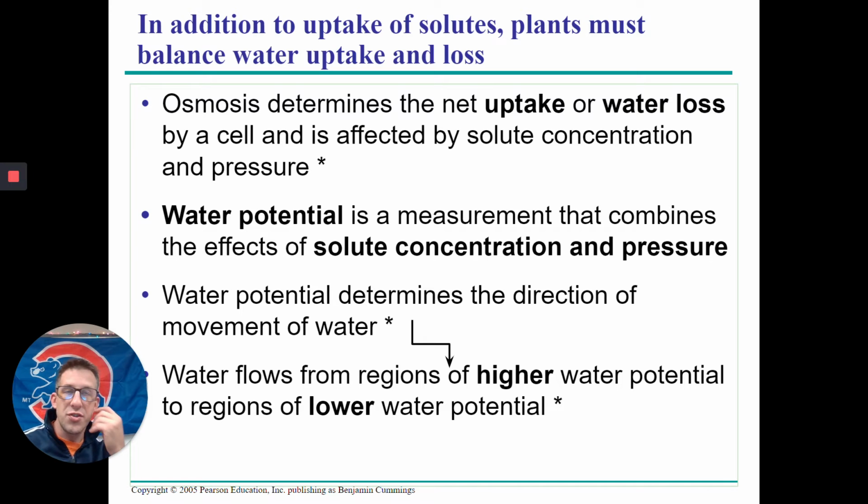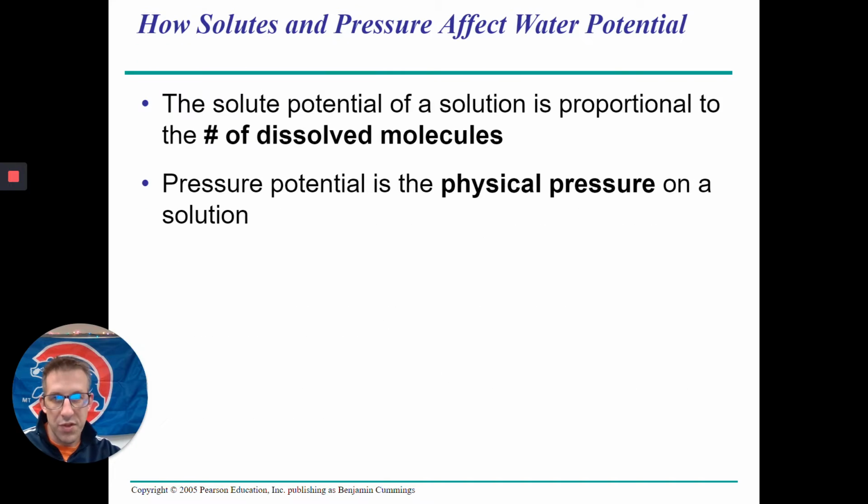So we would take that into account and say, okay, water is going to move from an area that's got a higher water potential to this area over here, which might be a lower water potential in terms of numbers. So how do we calculate those numbers? What goes into the calculation of those numbers? In fact, it is two different things, and I just mentioned them on the previous slide. The water potential is a function of what is known as the solute potential and also the pressure potential.